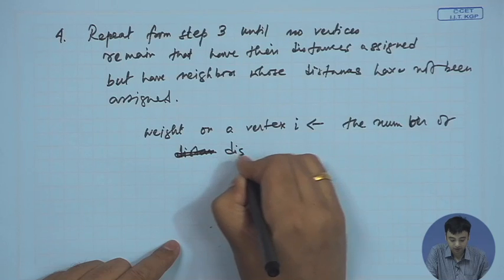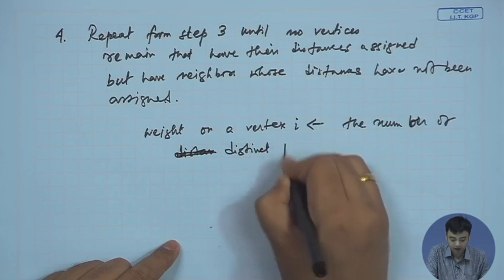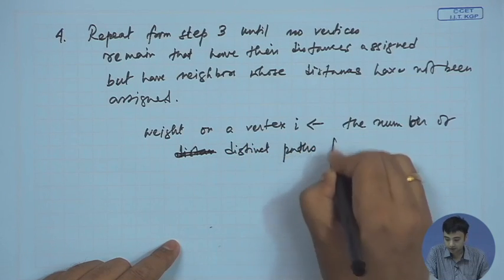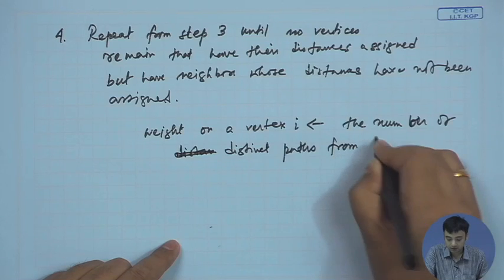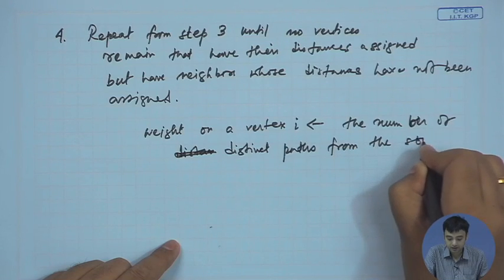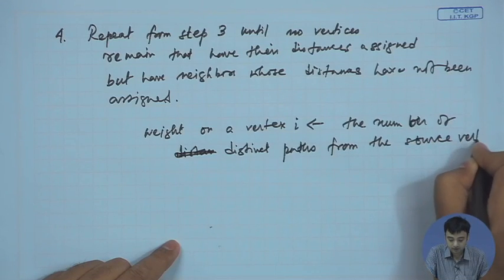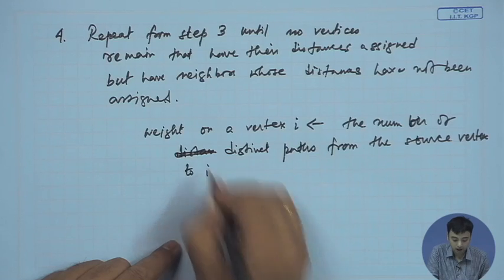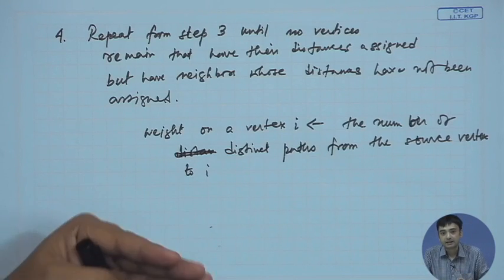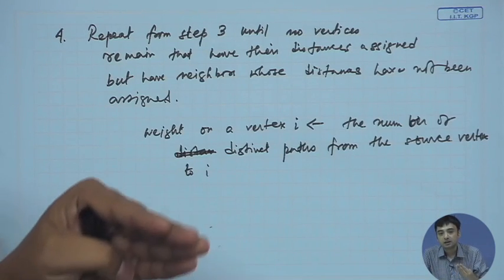As I was telling you, this is the number of distinct paths from the source vertex to i, which is being counted in the variable Wi. So the weight of the vertex i, Wi, is nothing but the number of distinct shortest paths from the source to the node i.